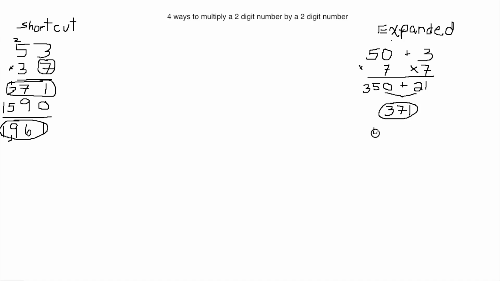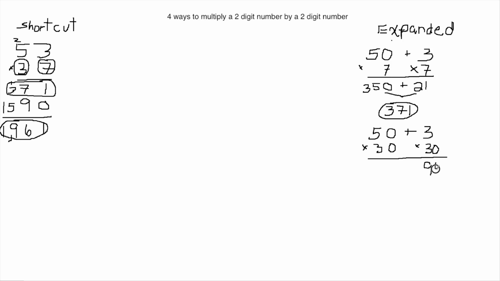Now, however, we've got to do 50 plus 3 again, but now we are multiplying it by the 3 in the tens place, which is 30. So we're going to multiply this by 30 and multiply this by 30. Now, we got 3 times 3, which is 9.